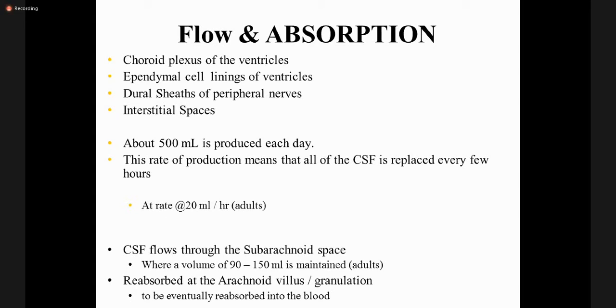It is produced at the rate of 20 ml per hour in adults. Mostly we talk about CSF in terms of adults, and somewhere I will also show the pediatric readings to you too. So CSF flows through the subarachnoid spaces, where a volume of 90 to 150 ml is maintained at every second.